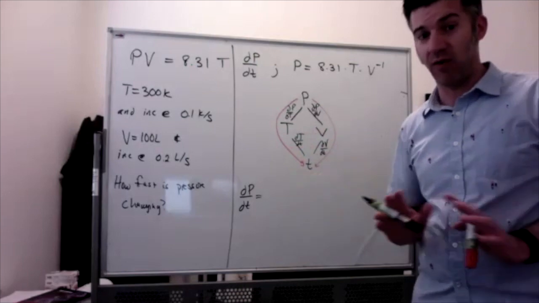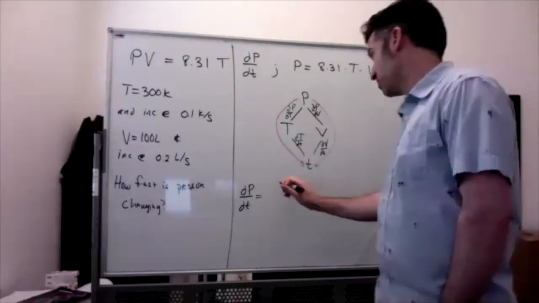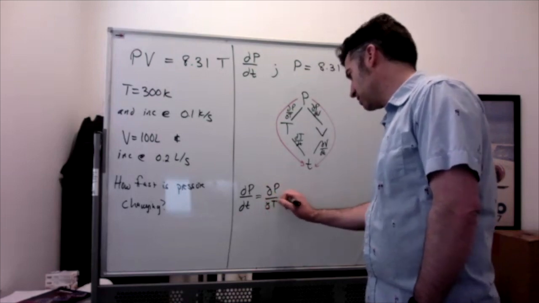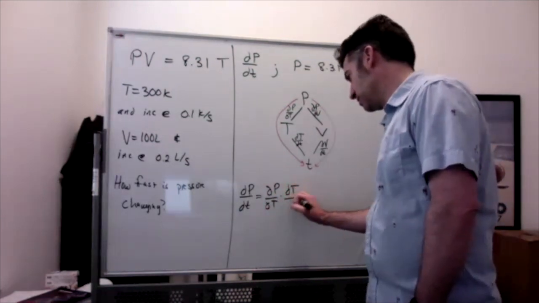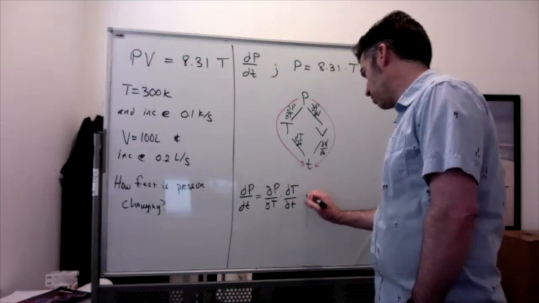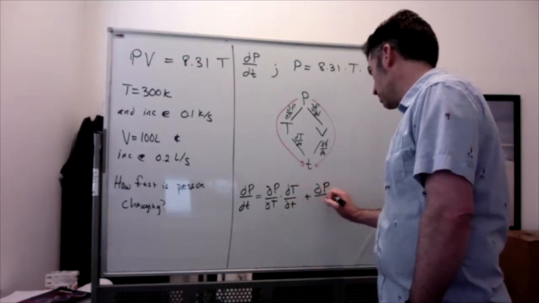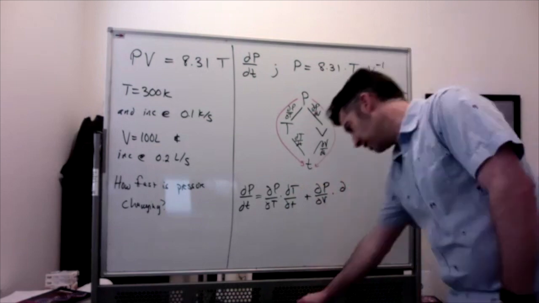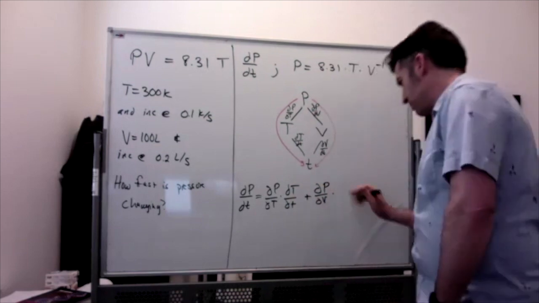That's how it works, no matter how many things you've got. So this is del P del T times dT dt plus del P del V times dV dt.